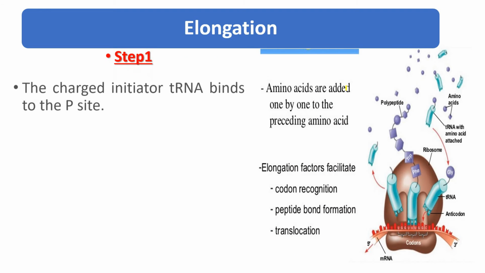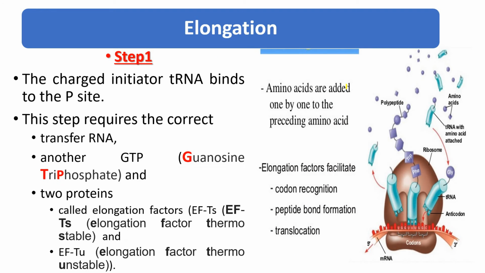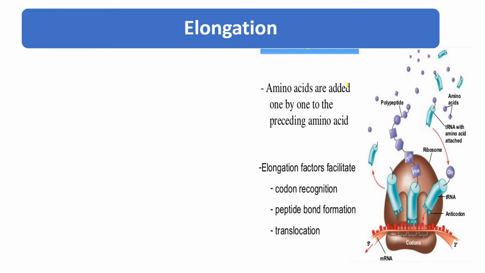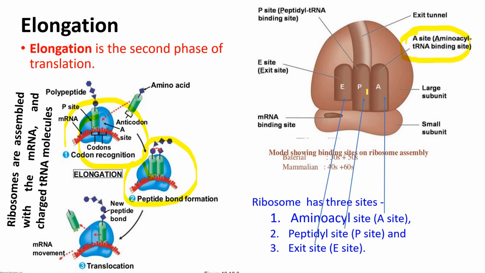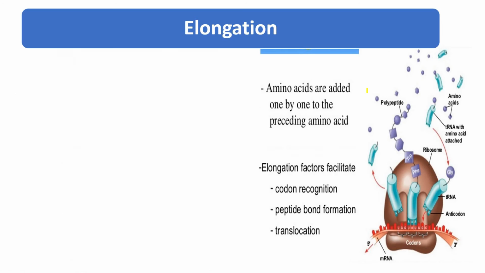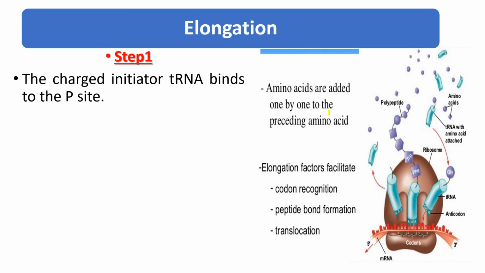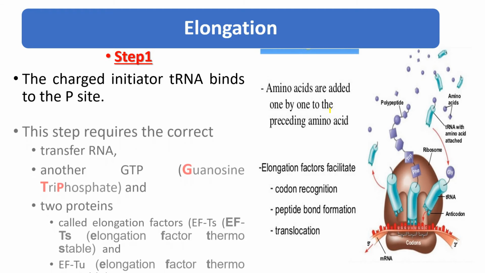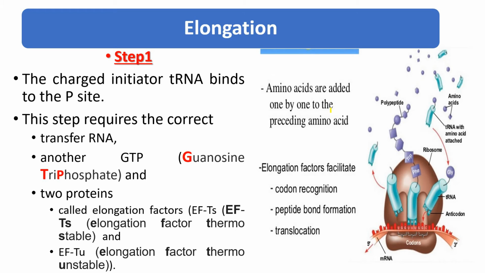Then elongation. Here we have steps. We see one by one. The charge initiator tRNA binds to the P site. So P site already we know it is a second site in the ribosome. Next one, elongation. We study one by one. Step 1, the charge initiator tRNA binds to the P site.